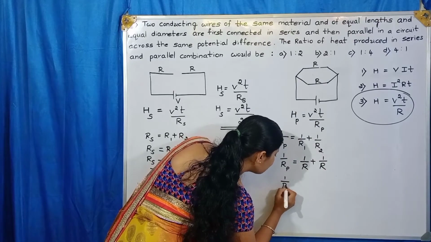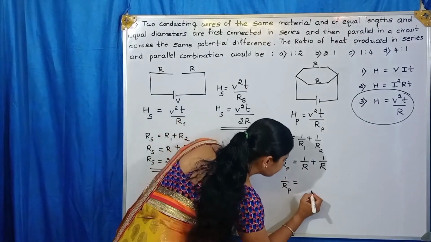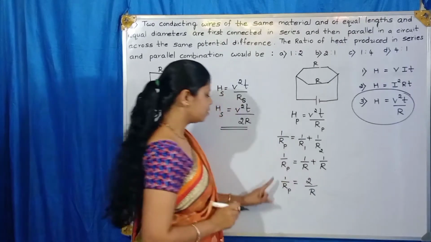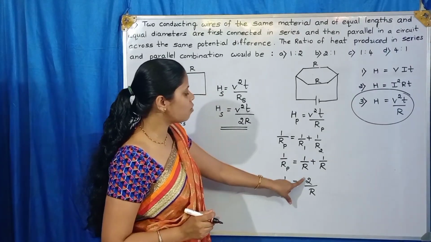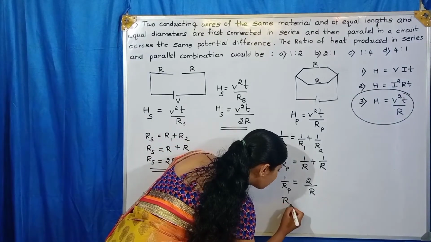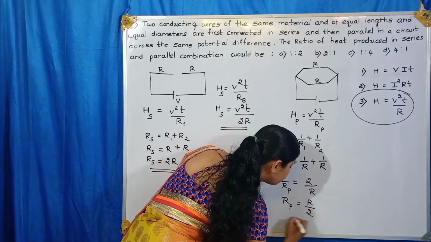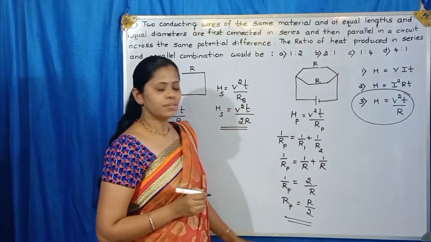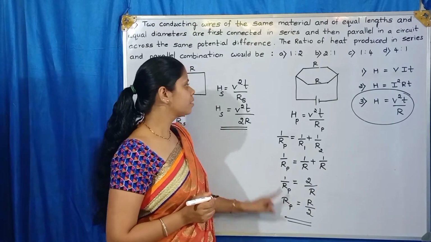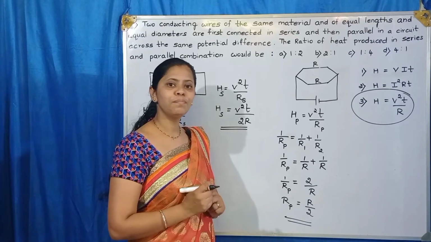1 by Rp is equal to, take the LCM, 1 plus 1 is 2. That is 1 by Rp is what? 2 by R. Then equivalent resistance Rp is equal to R by 2. This is the equivalent resistance when they are connected in parallel. Now, let's find out the heat production when they are connected in parallel.